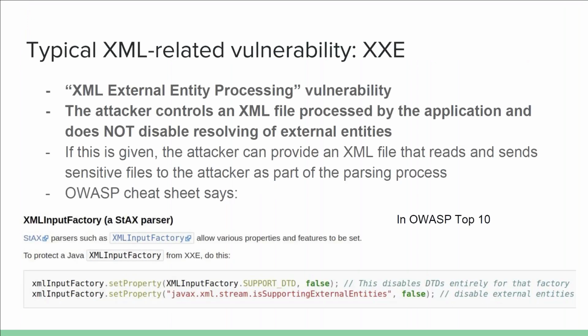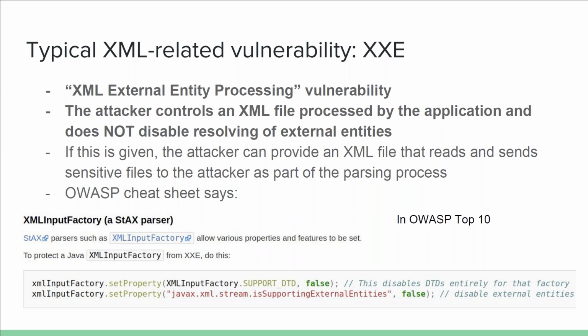Another vulnerability type that's been popular this year and is now even part of OWASP top 10 is XXE, XML External Entity Processing. And as we already saw when we did our initial investigation of what's in the code, there are different XML libraries used here.